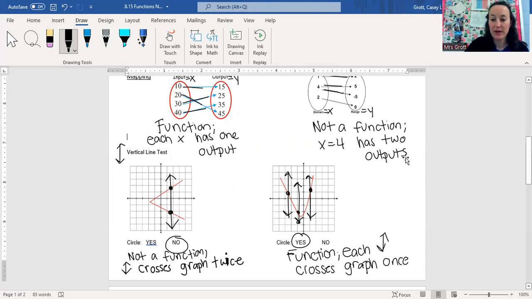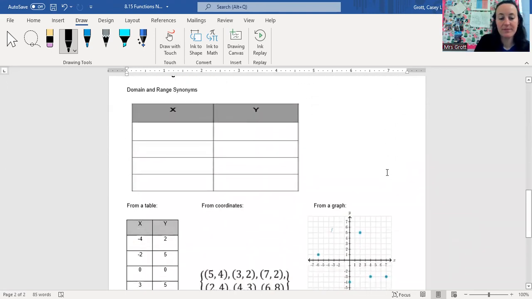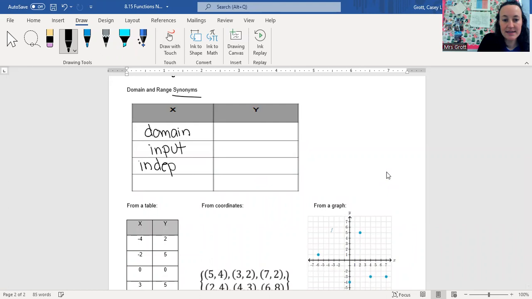All right, we've got some vocab words that we're going to hit up next. Okay, so synonyms meaning the same thing. So x, also known as x, is domain. Also known as x is input. Also known as x is independent.